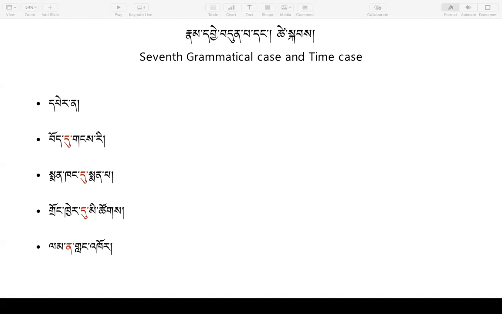So that is the reason why the seventh grammatical case deals only with object and position, and not with object, position and action, because the position and action has already been discussed during the second grammatical case.